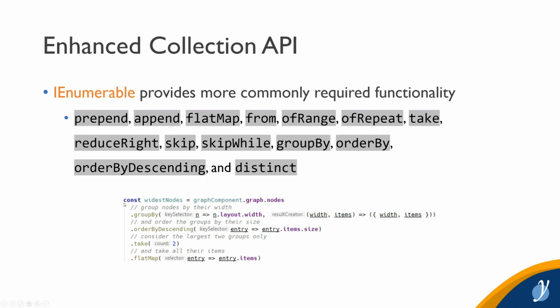So you can always write for let variable of graph component graph nodes, and it will be iterable. It just adds more convenience methods which provide commonly required functionality, like adding more elements, different reduction and flat map variants, ordering elements by a certain key, grouping them like I tried to do with the width of the elements, finding distinct sets of elements, and so on. I've used this in the Q&A before, so I'll just skip the details here.